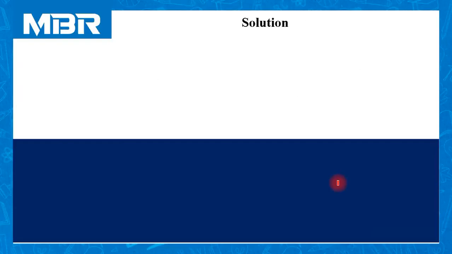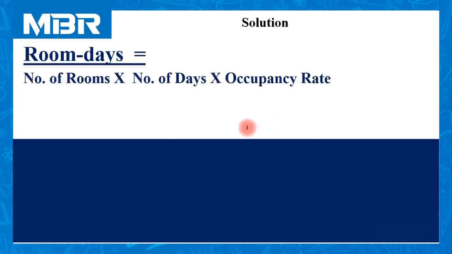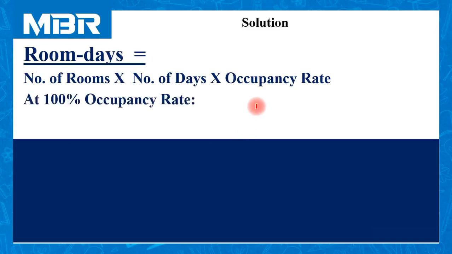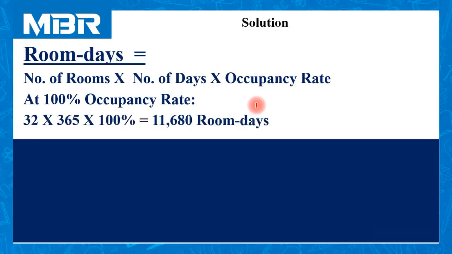As we all know, our solution starts with the calculation of room days, and we need to calculate room days in this question at two different levels of occupancy. One at 100%: number of rooms are 32, number of working days as given by the examiner in the question 365, and occupancy rate is 100%.